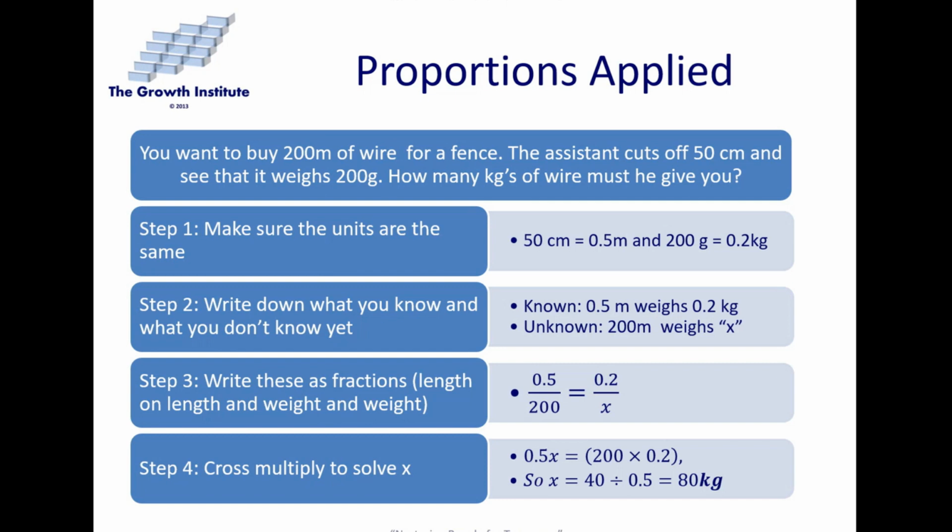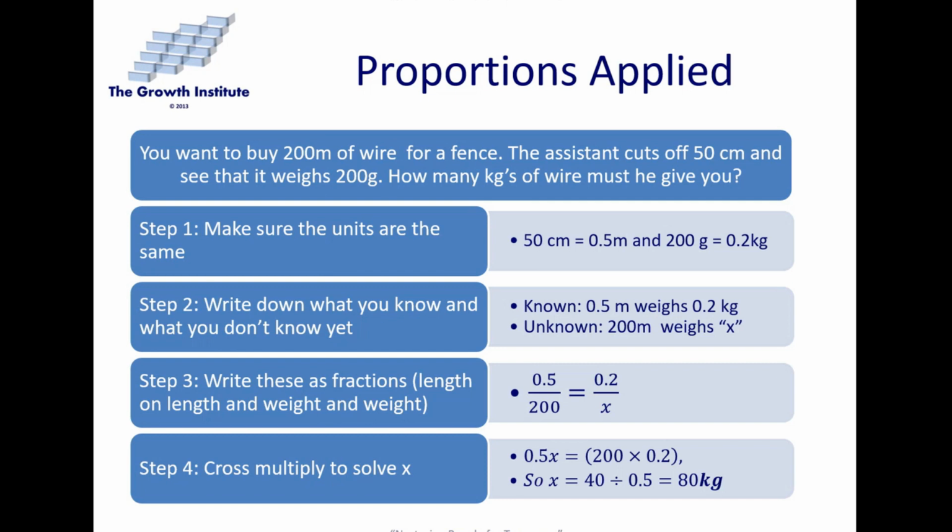It's not like the assistant can take the wire and walk for 200 meters, because then he will bump against the fence or we will be into somebody else's yard and maybe the guy there has a shotgun. So this is why we have this method. What we don't know therefore is how much 200 meters weigh.